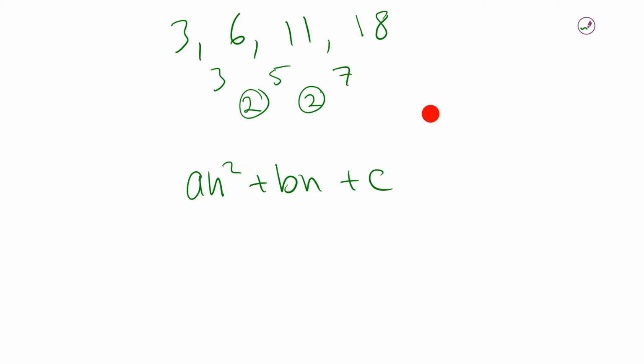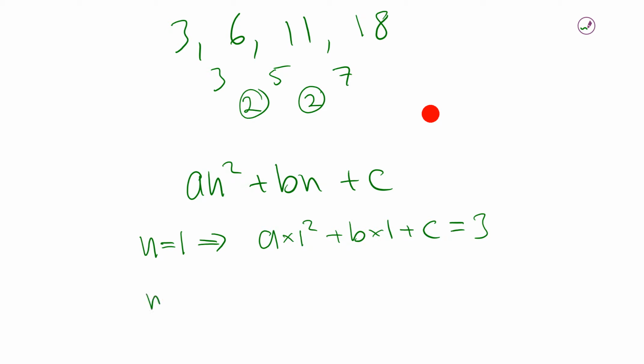Let's do it. How do you do the first one again? When n is 1, it'll be a times 1 squared, plus b times 1, plus c, and it equals 3.